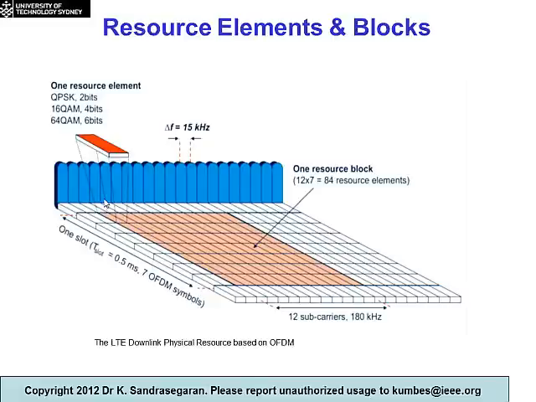The duration of a symbol in the time domain was 66.66 microseconds. And then you add the cyclic prefix to it. So that is a resource element, and within a resource element, a symbol is transmitted.